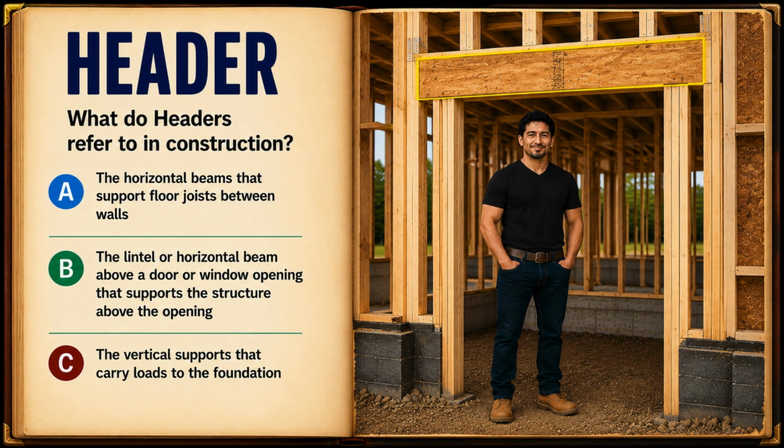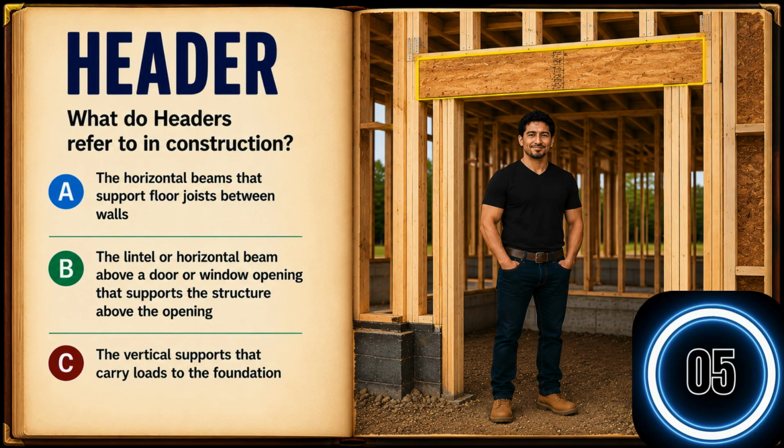What do headers refer to in construction? A, the horizontal beams that support floor joists between walls. B, the lintel or horizontal beam above a door or window opening that supports the structure above the opening. Or C, the vertical supports that carry loads to the foundation.